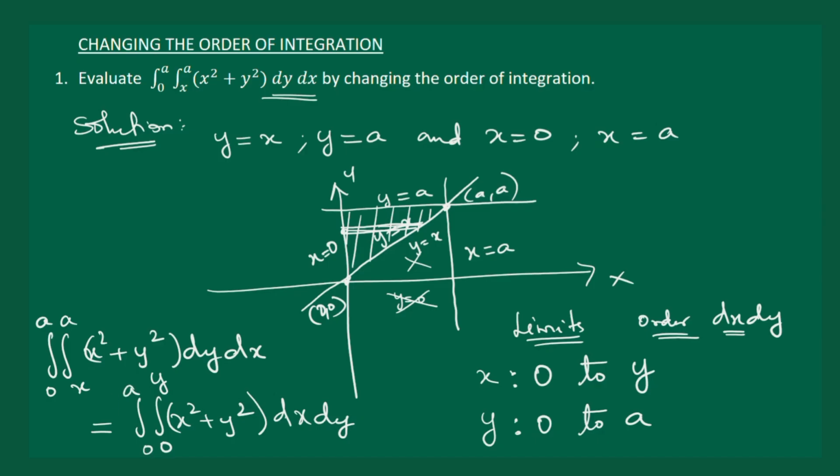Clear? So variable limits always mean y will be in terms of x, similarly x will be in terms of y, that is the opposite variable. Constant means it will be purely constant. So this is the way we change the order of integration. By changing the order of integration, the given question can be changed like this. Now we have to do the integration for this term.